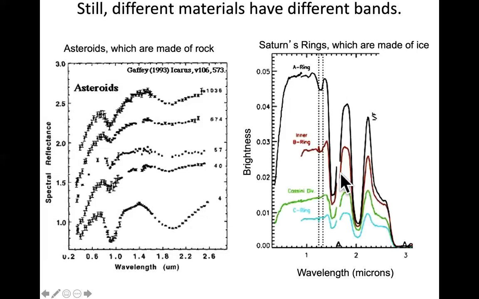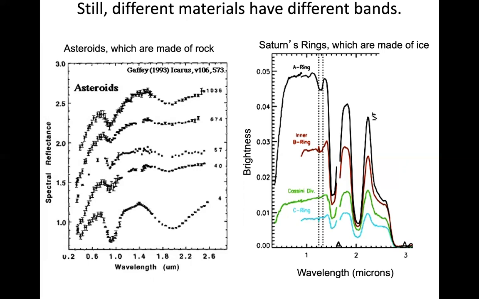By contrast, these are the spectra of Saturn's rings, which also have a dip at 2 microns, but a dip instead at 1.5 microns, which isn't seen in asteroids. These dips are due to water ice. So identifying materials gets a little more tricky for solids, but it still basically works.